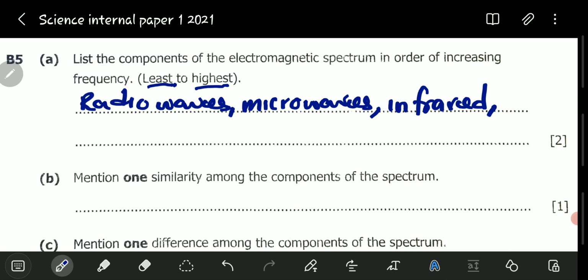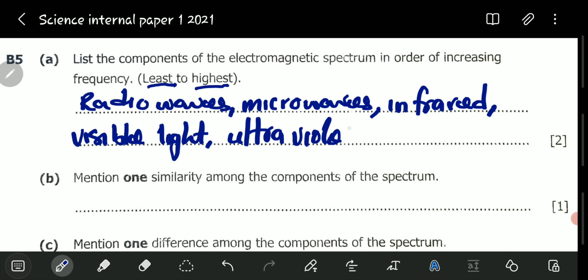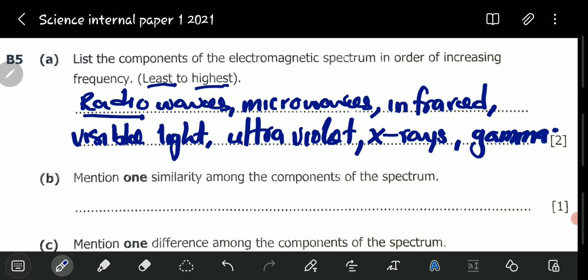After infrared, we've got visible light. After visible light, we've got ultraviolet. After ultraviolet, we've got X-rays. Then finally, we've got gamma rays. So that is the order that the examiner wants you to list them, from the least being radio waves to the highest being gamma rays.